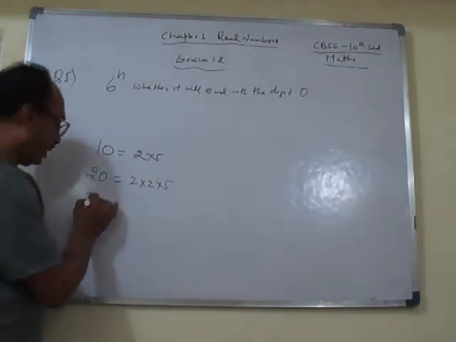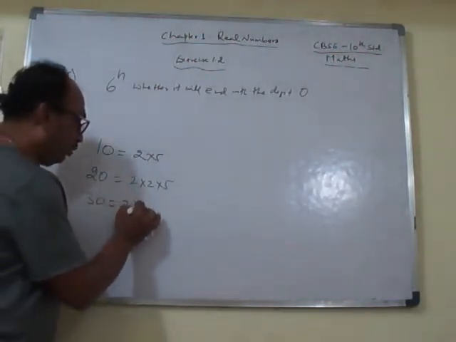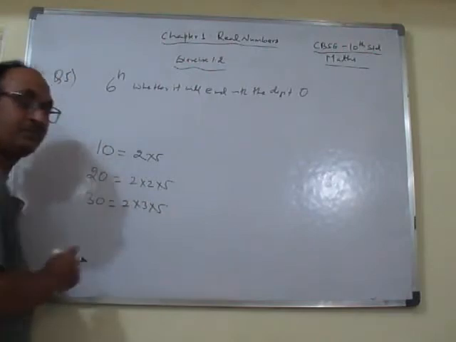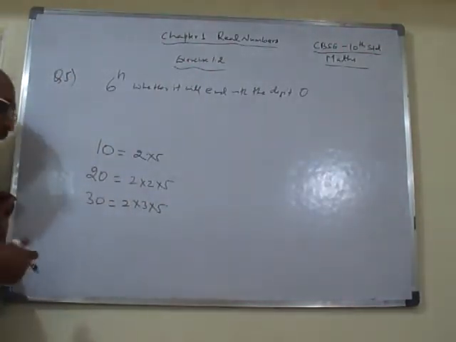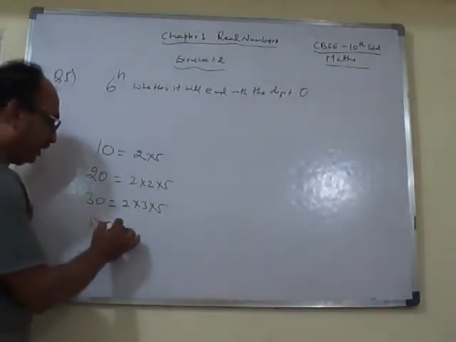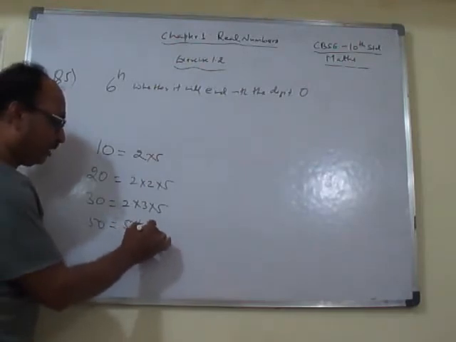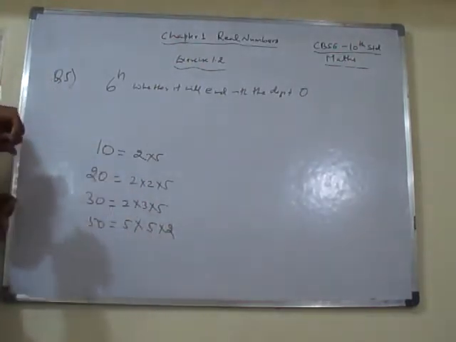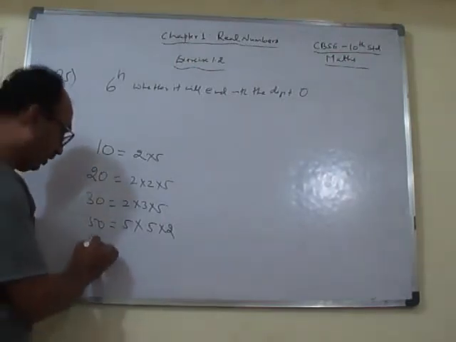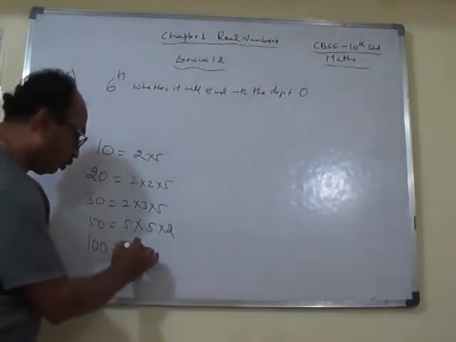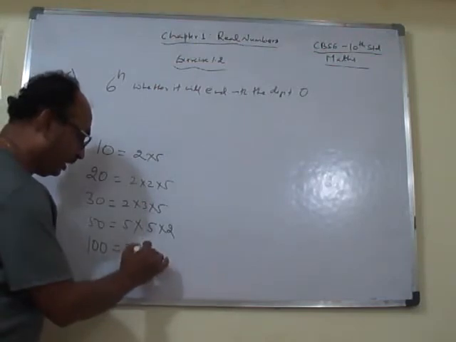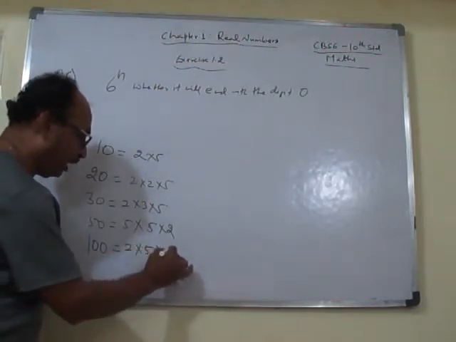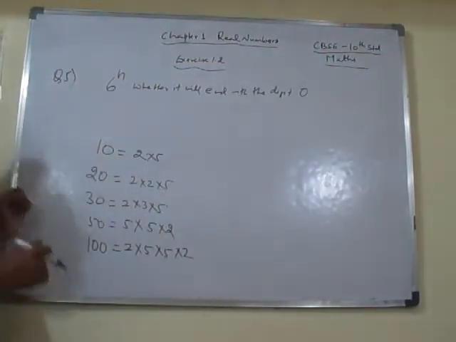If you are going for 30, 2 into 3 into 5. If you are going for 50, so 5 into 2. If you are going for 100, so 2 into 50, then 5 into 5 into 2 again.